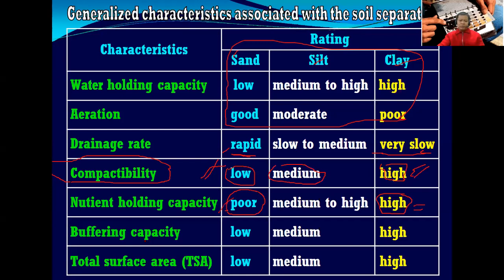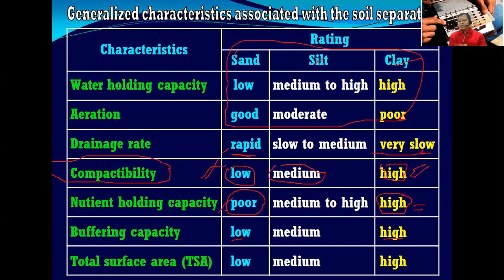Okay? So buffering capacity, I would say the buffering capacity is defined as the capacity of the soil to resist changes, to resist drastic change. Ang clay has a high buffering capacity and ang sand has a low buffering capacity.